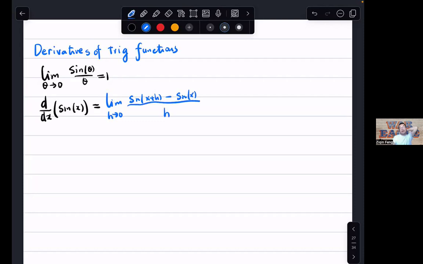Recall that we can change the sine of a sum of two numbers into a sum of trig functions.